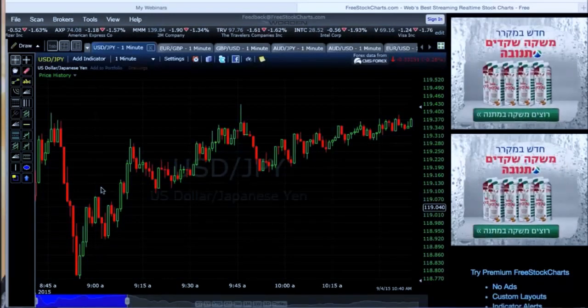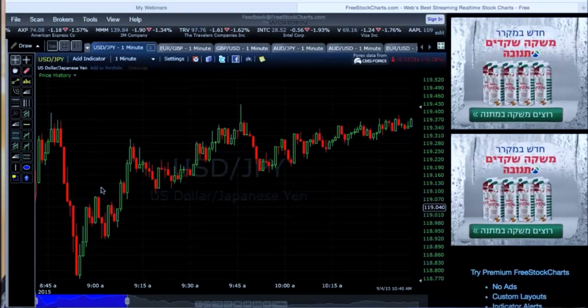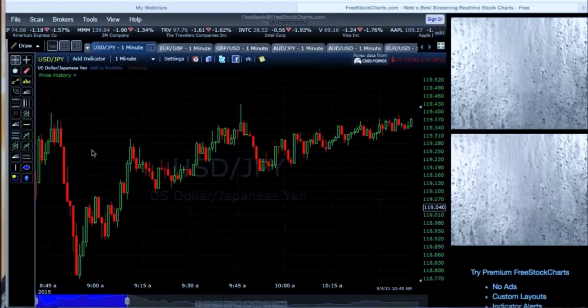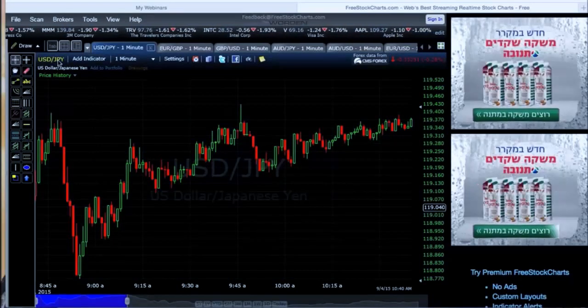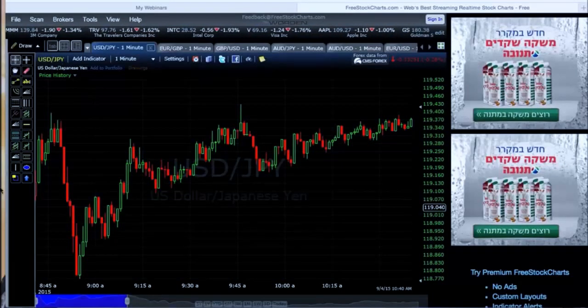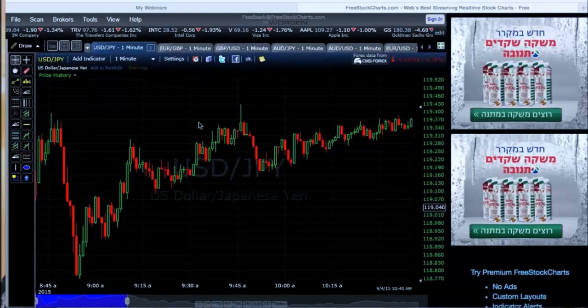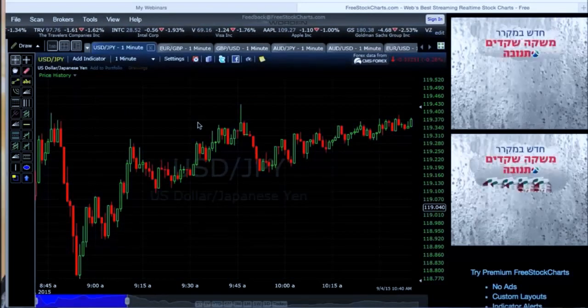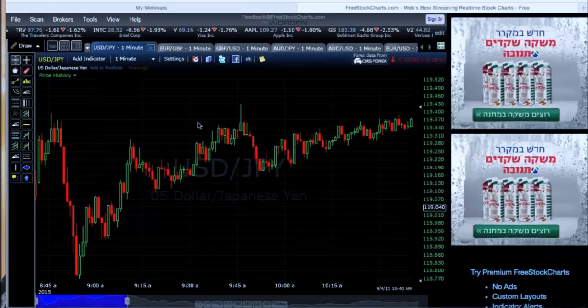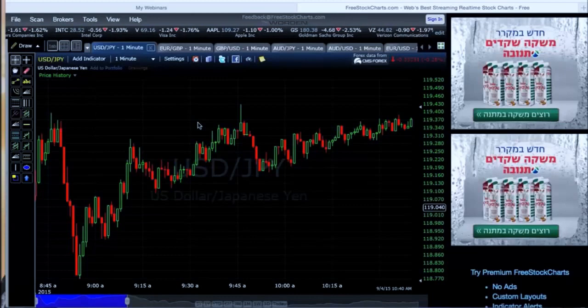So we're going to use the 1 minute chart, in this case on the USD-JPY pair. As you can see, I'm using the freestockcharts.com online charting platform. I find it pretty easy and kind of accurate with price to binary options platforms.